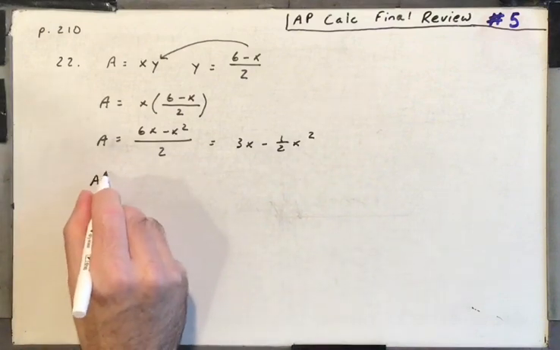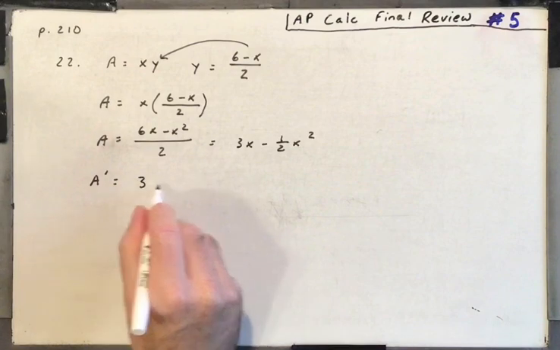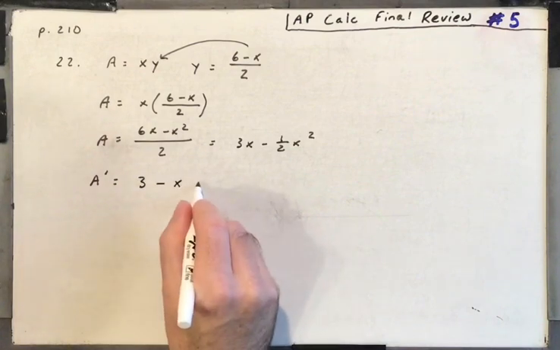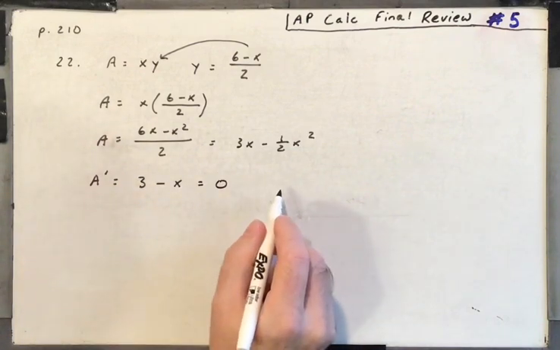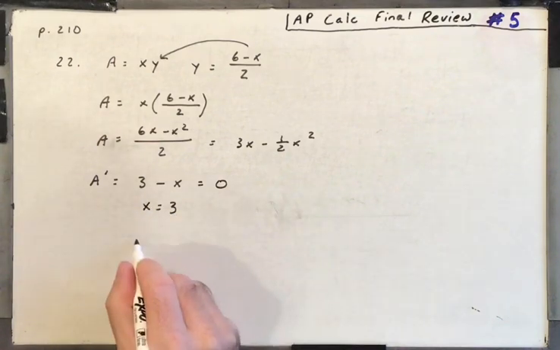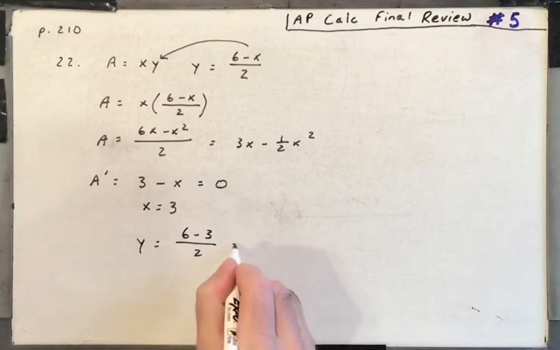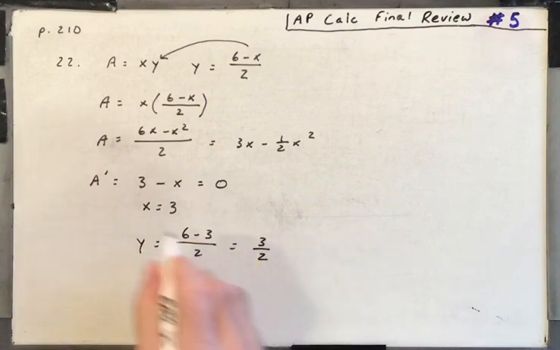Now let's take the derivative so we can get our maximum. So A prime would be 3 minus x. Set that equal to 0. So x is equal to 3. And then y is going to be 6 minus 3 over 2, which is 3/2.